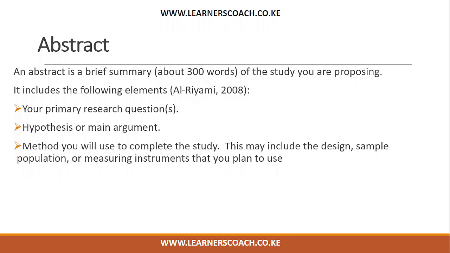This will include the research design, sample population, or measuring instruments that you plan to use. So that is a detailed abstract, and those are the key elements that it should contain.